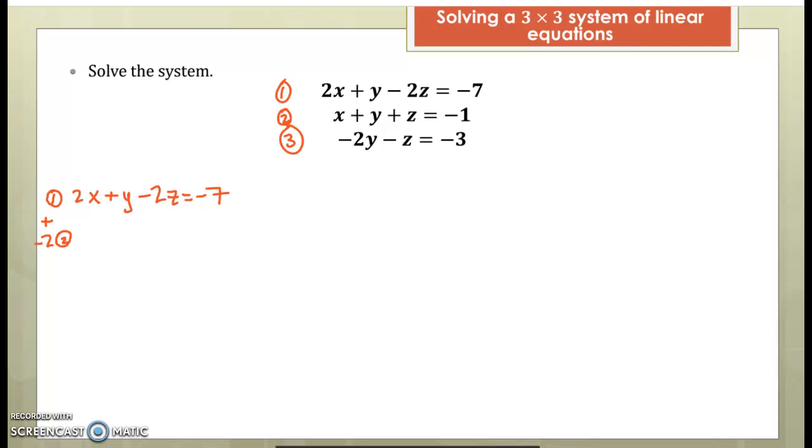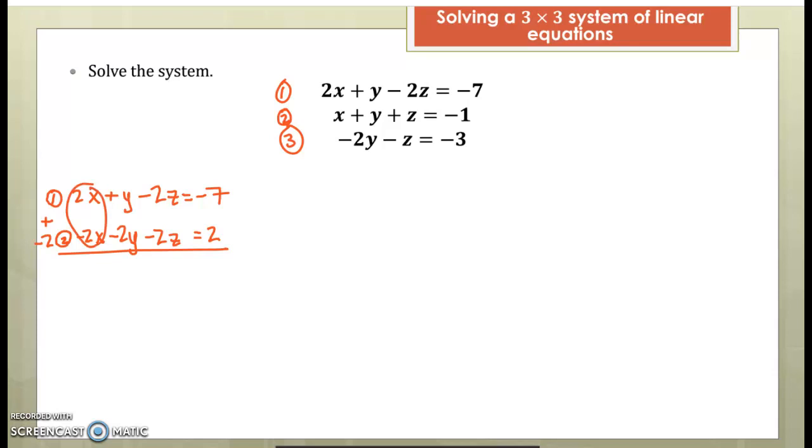So let's go ahead and take equation 1, which is 2x plus y minus 2z equals negative 7. And let's add negative 2 times equation 2. Now why did I do that? Because I will get a negative 2x, and that's going to make x eliminate, which is what I wanted. Minus 2y minus 2z equals a positive 2. So when I add these together, my x's cancel, which is what I wanted.